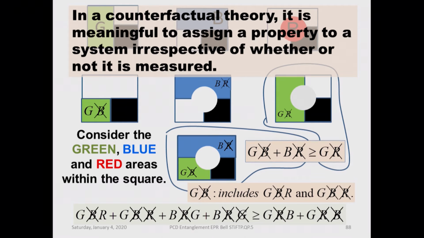And in a counterfactual theory, it is meaningful to assign a property to a system irrespective of whether or not it is measured. And this is the inequality that you expect a counterfactual theory to reflect.